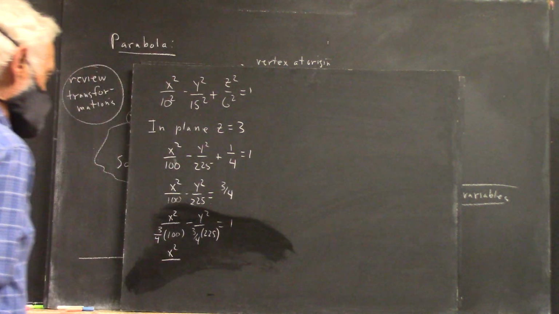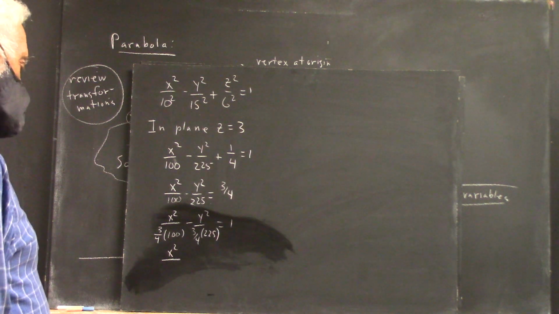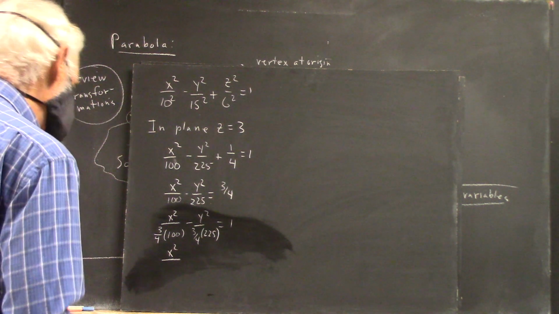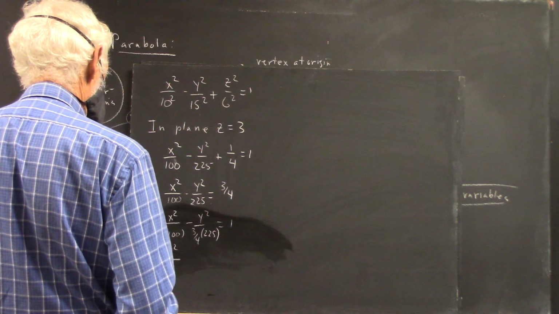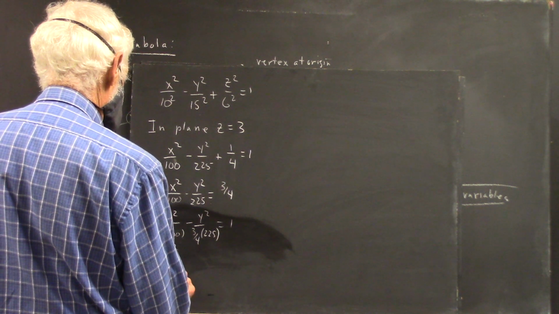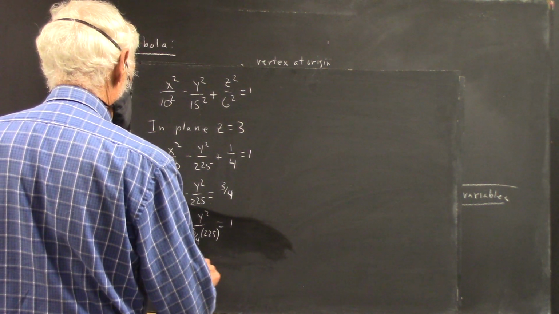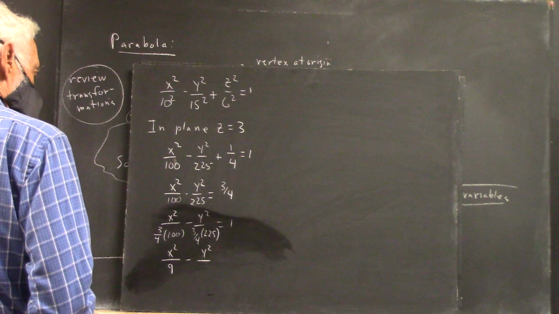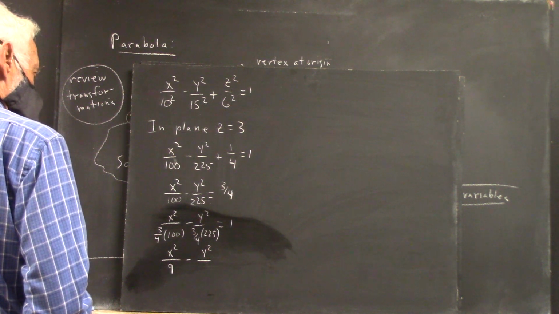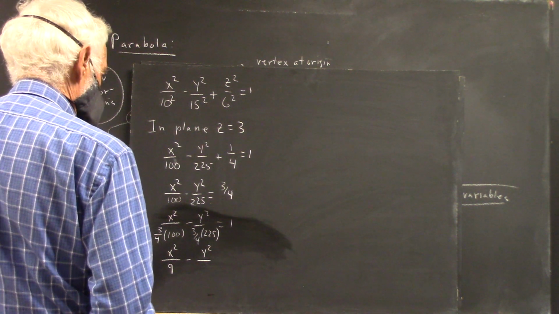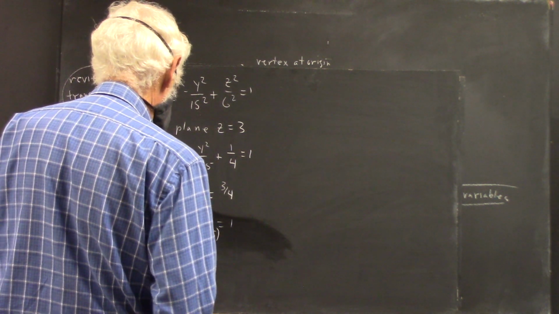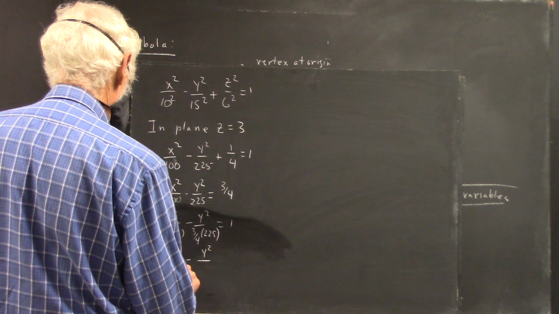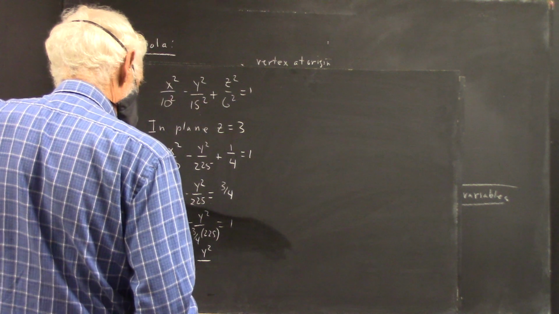Okay, square root of 3/4 is about, I'm just going to kind of round it off, 9 here, and yeah, I'm going to guess 8.7.